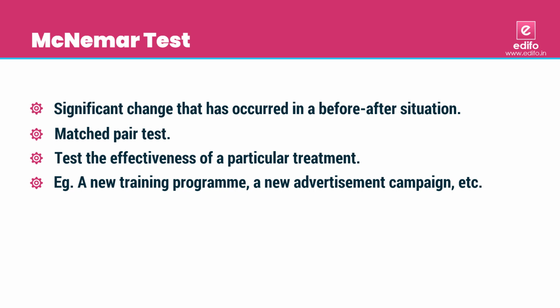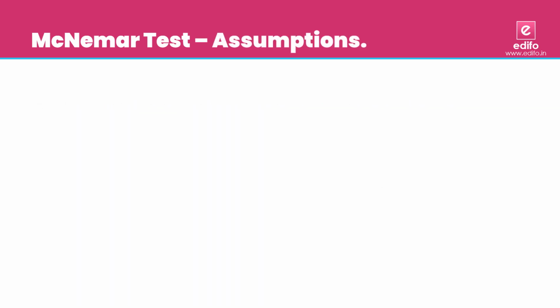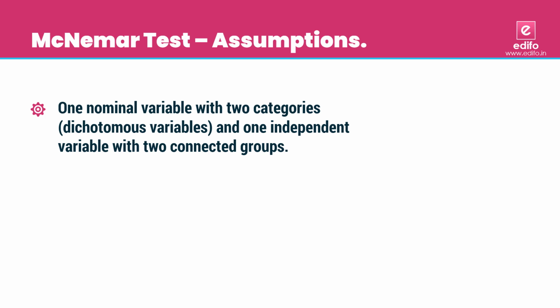Now we move to the assumptions of McNemar test. This is the first assumption: one nominal variable with two categories that should be dichotomous, and one independent variable with two connected groups. The examples of dichotomous variables are only two options to answer.